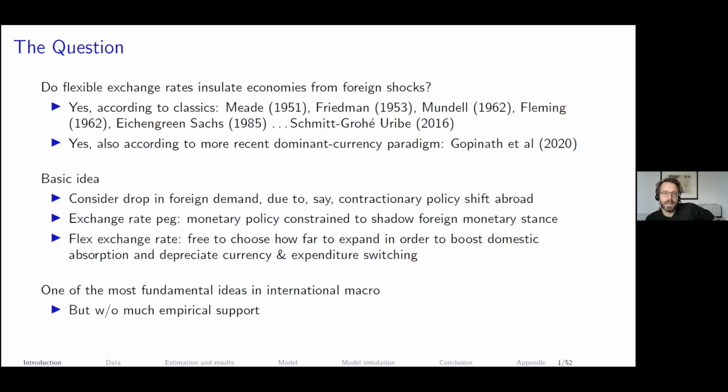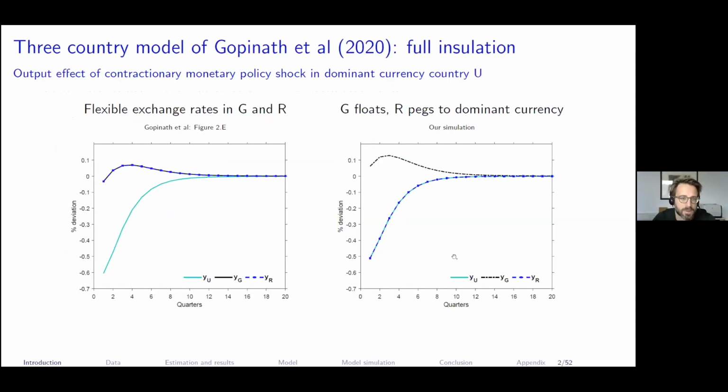Just to argue that we are not going against a straw man here, we reproduce some figures from the just-mentioned paper by Gopinath and co-authors. In the left panel, you see a reproduction of their panel 2A. I guess most of you are very familiar with the setup.